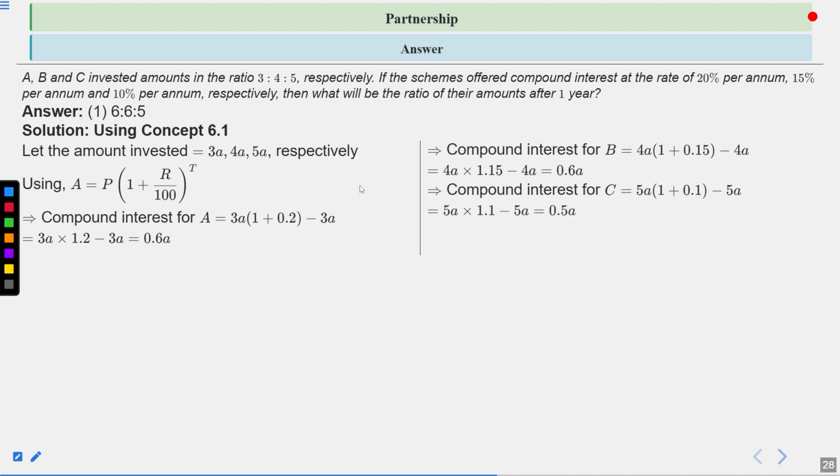So we get 5A multiplied by 1.1 minus 5A, which equals 0.5A. Now the required ratio will become 0.6A : 0.6A : 0.5A. When we simplify it, we get the ratio 6:6:5. So the first one is the correct answer of this question. Next one.